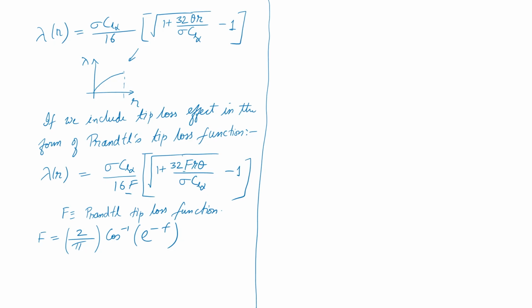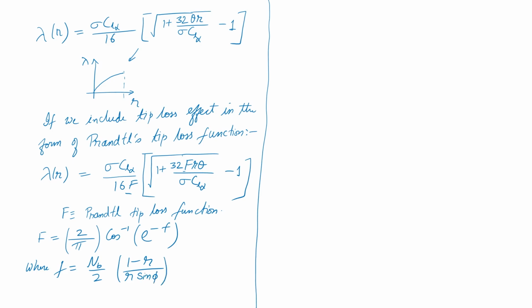Now, there is a new parameter. So, pi is your pi and small f is now defined as N b by 2 into 1 minus r by r sin phi. Okay.